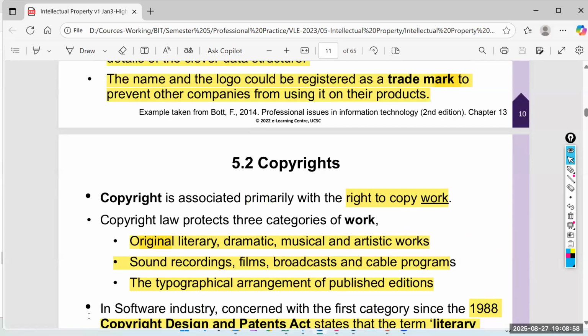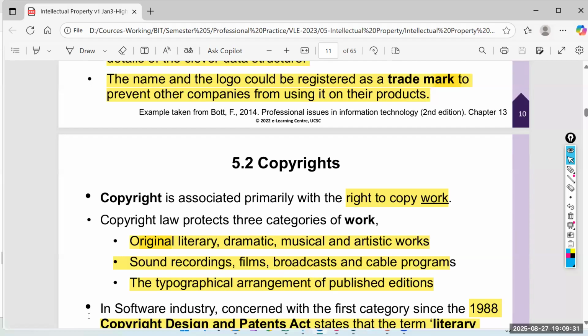So our discussion is mainly on copyrights. So copyright means right to copy. Right to copy something you have produced. Right? If you have produced that, if you are the original creator, you have the rights to copy, not anyone else. So that is called copyrights. So copyrights is the right to copy reserved to the original creator if it is something of intellectual property.